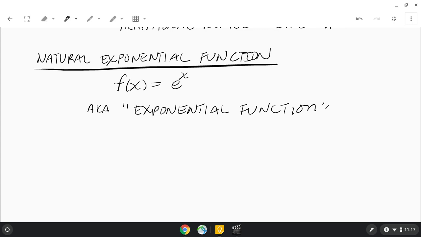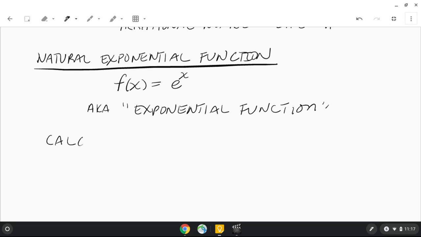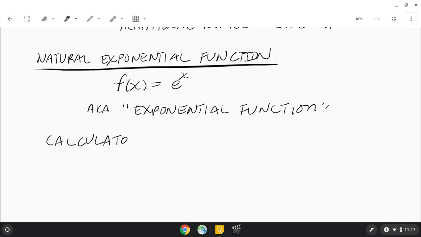Let's take a look at evaluating them. Again, you definitely want to check to see that you can punch these into your calculator correctly. Some calculators require that you enter the exponent first and then e. So now is a good time to figure out what your calculator prefers. I'm going to give you 4 problems to try.